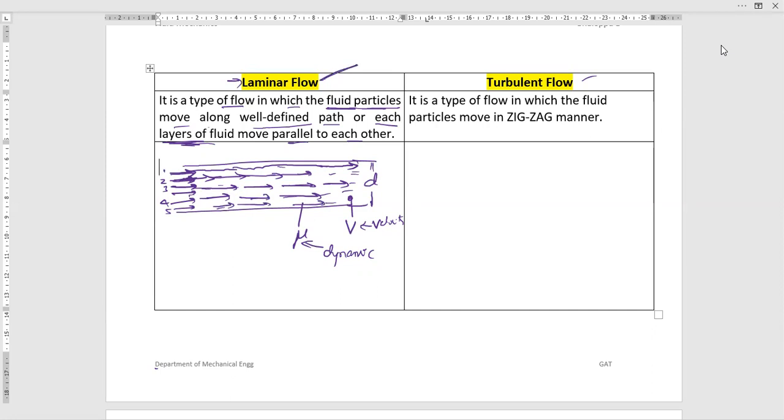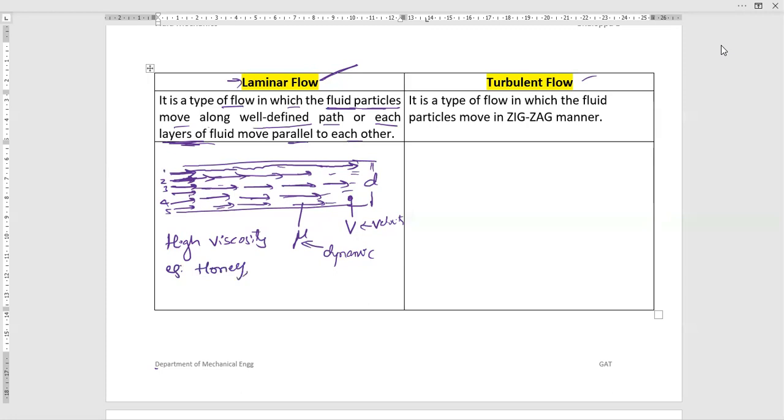Now the question arises, where can we see laminar flow, and for which fluids? Any high viscosity fluid will undergo laminar flow. For example, honey.